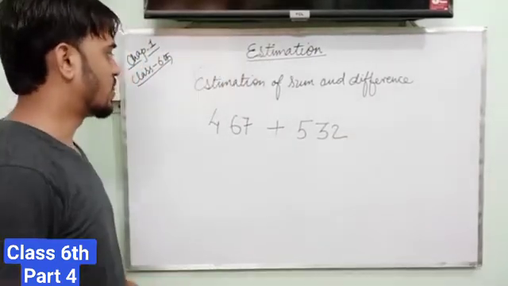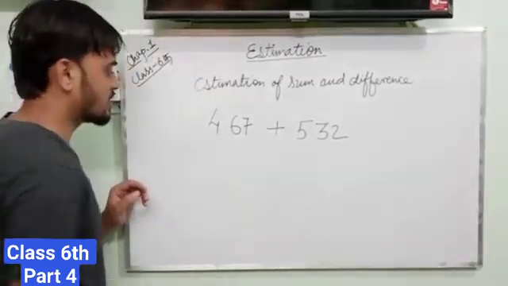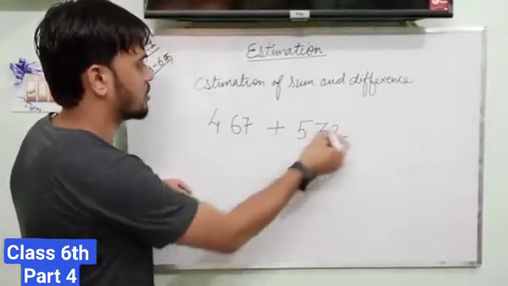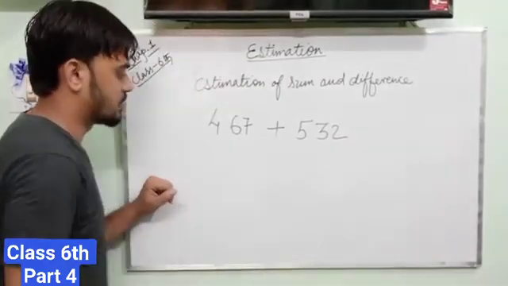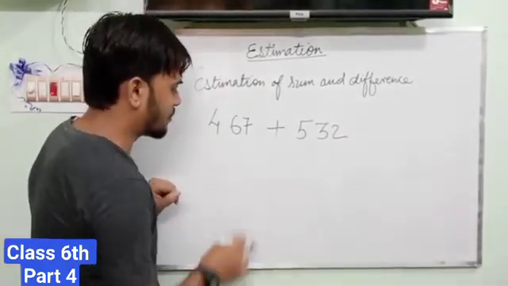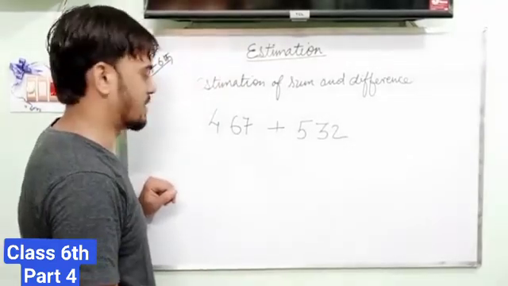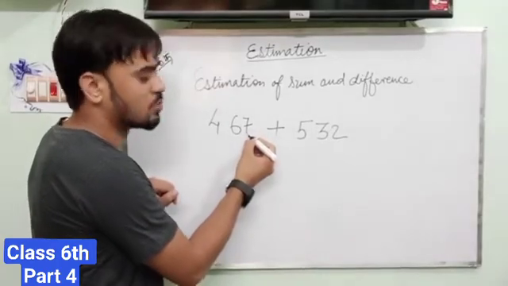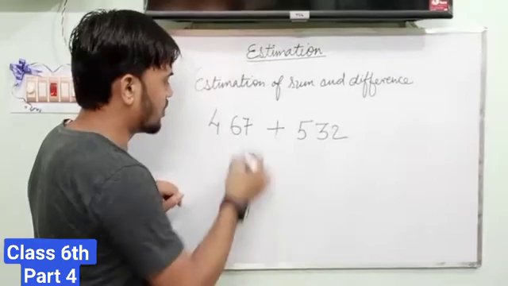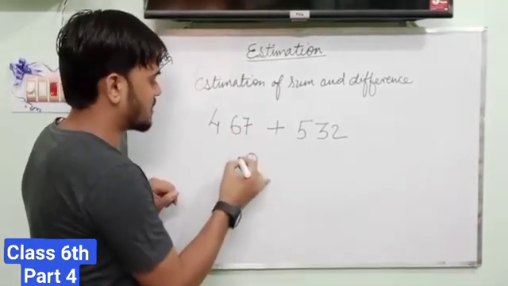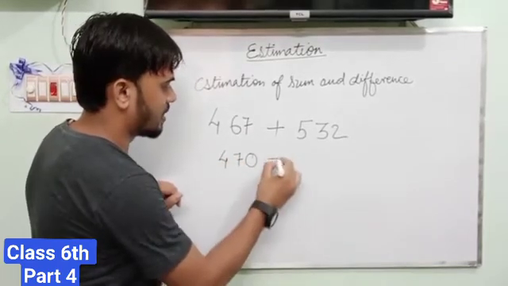You have to estimate these numbers to the nearest 10. First we have to change both numbers to the nearest 10. As you know, to change to the nearest 10, we examine the ones place. The ones place is 7, which is more than 5, so it is replaced by 0, the tens place is increased by 1, and other digits remain.